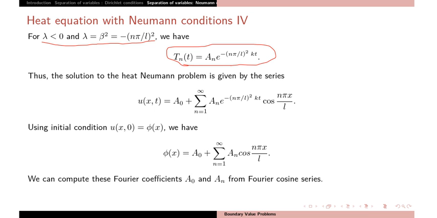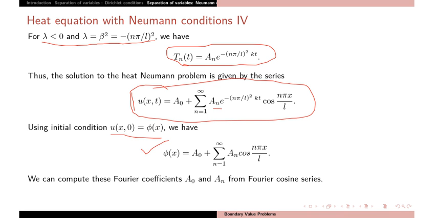So finally the solution is obtained by multiplying X and T. Use the initial condition to find these coefficients: phi x equal to a0 plus an cos n pi x by l, when t equal to 0. By solving this cosine series, you can compute these coefficients according to the problem.